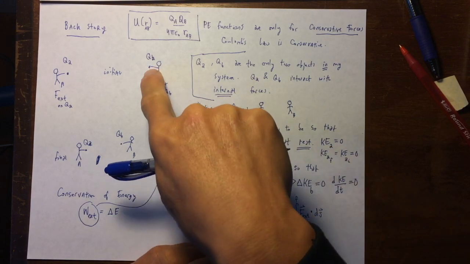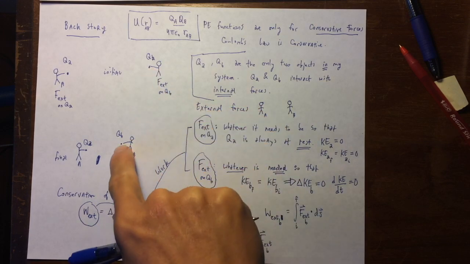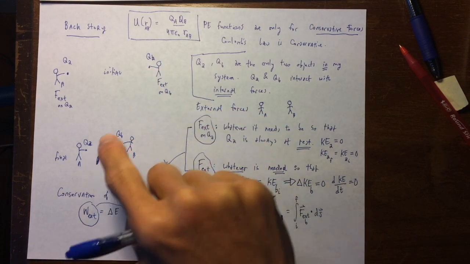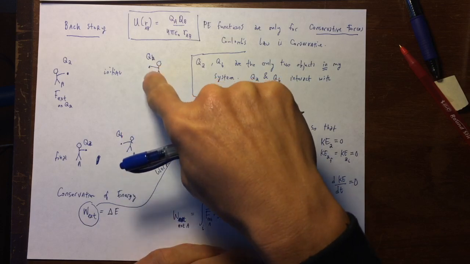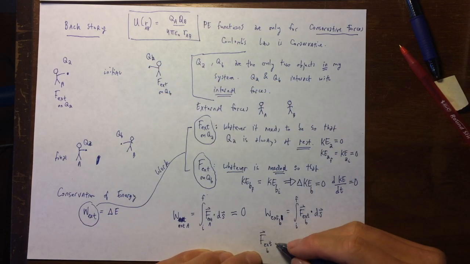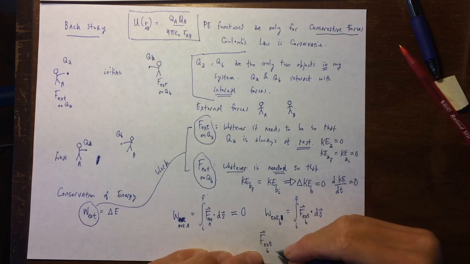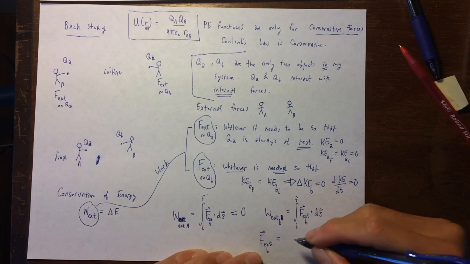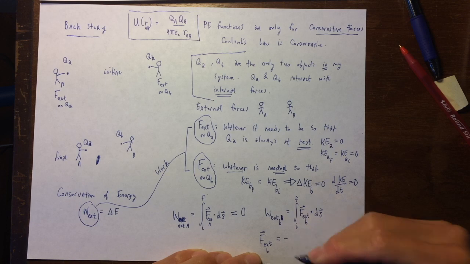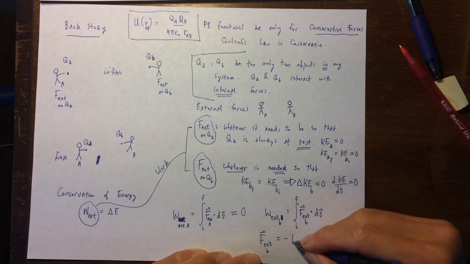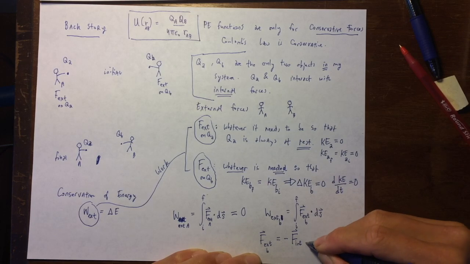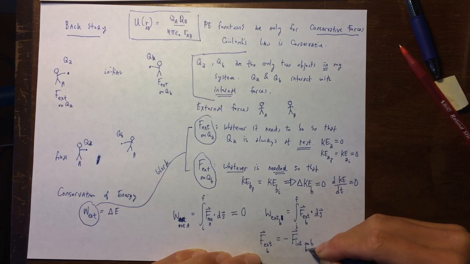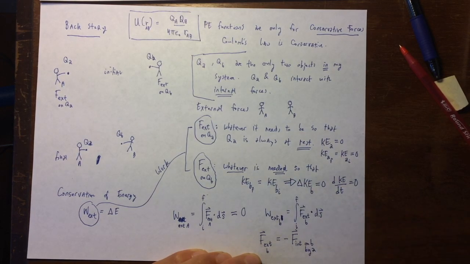Whatever kinetic energy it has at the beginning, it has the same amount at the end. And the way we can cause that to happen is if the external force by B exactly matches the opposite of the internal force on B by charge A.